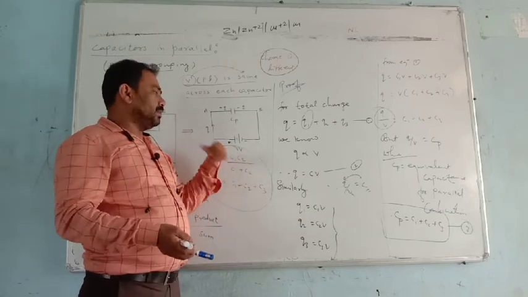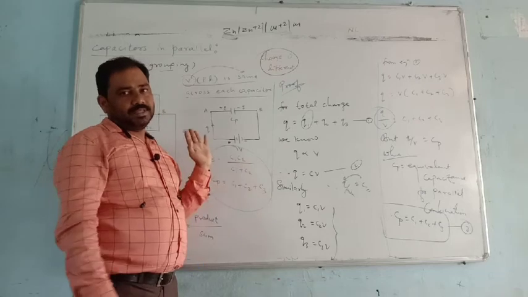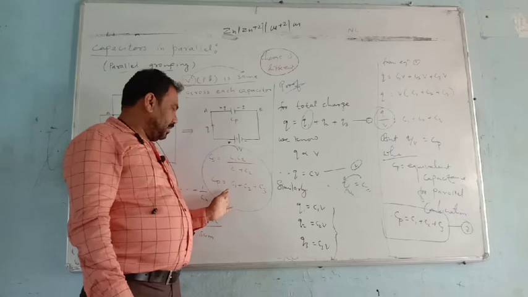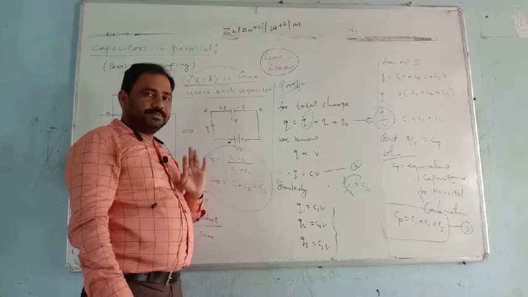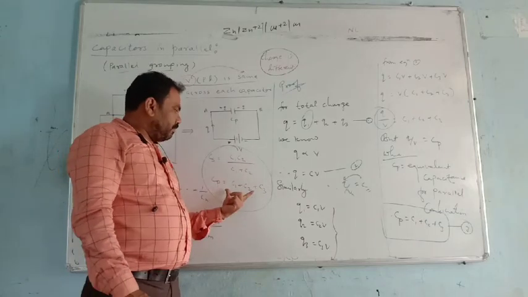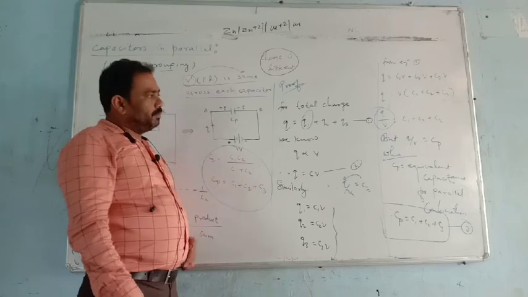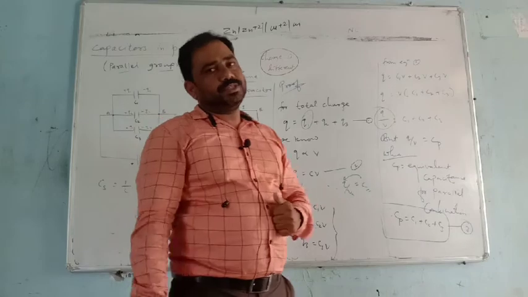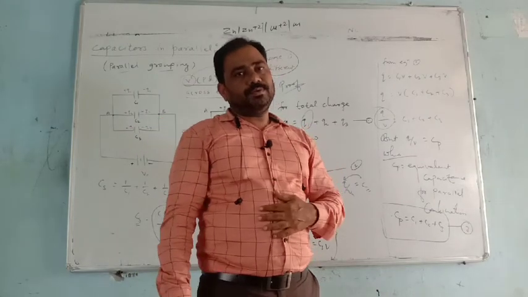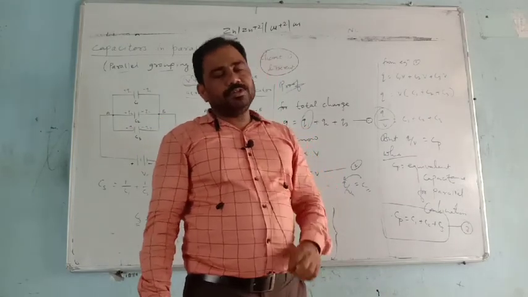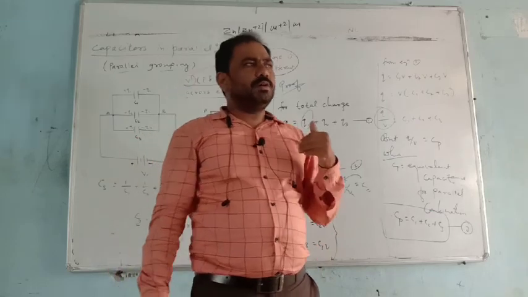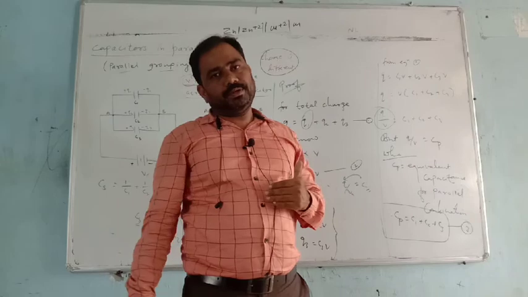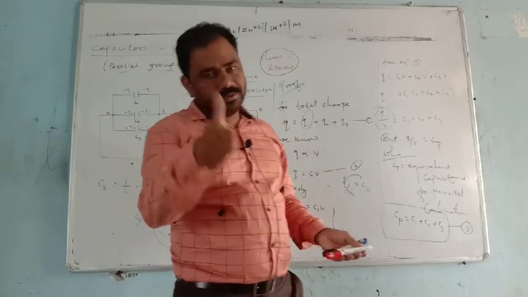And the equivalent capacitance for parallel combination is C1 plus C2 plus C3. So we have to remember these two formulas for solving applications, or we can say MCQs. Okay, so in our next videos we will discuss the various applications depending on series grouping and parallel grouping. Okay, so till then, thank you.